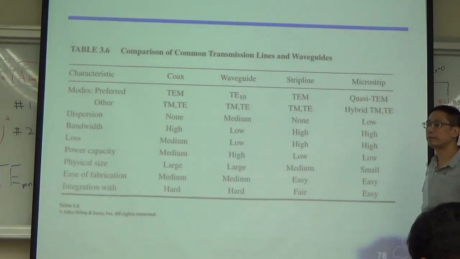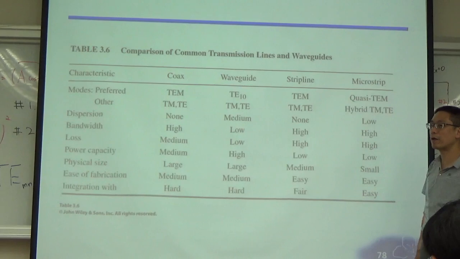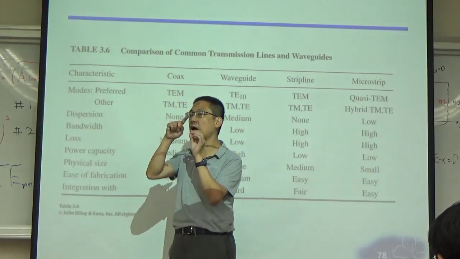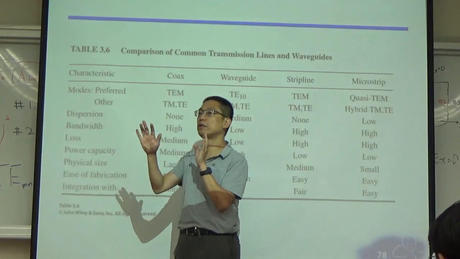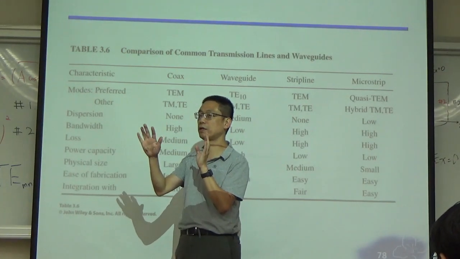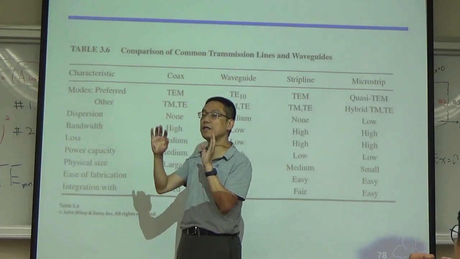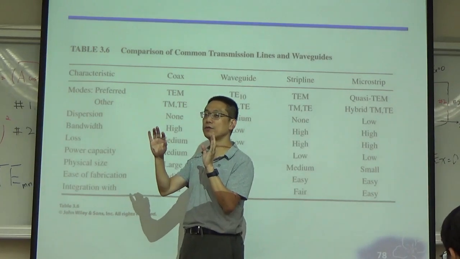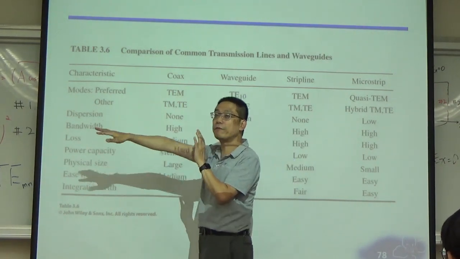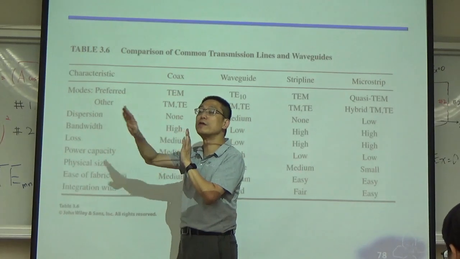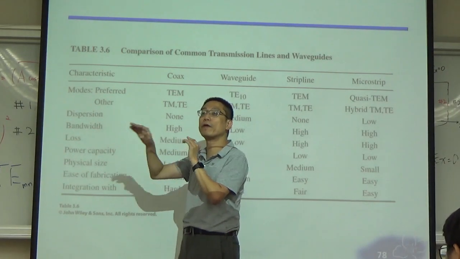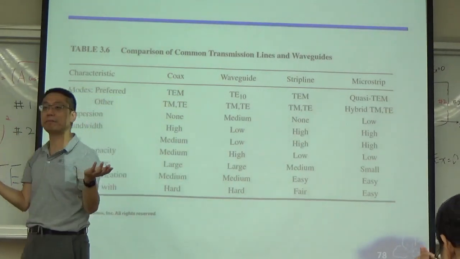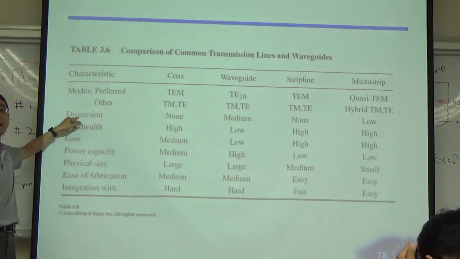Maybe in the future, we will have time to discuss that. Dispersion is because if your beta is changing depending on frequency, your velocity is changing depending on frequency. So your wave will arrive at different times. So this is dispersion.